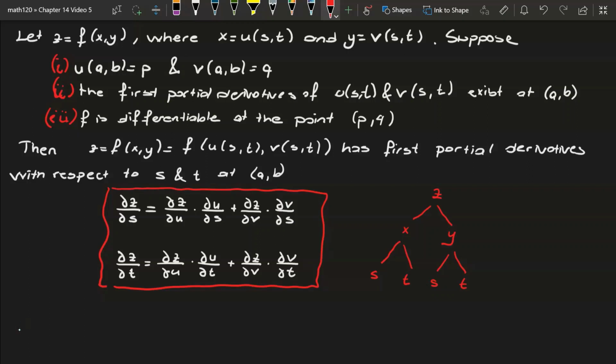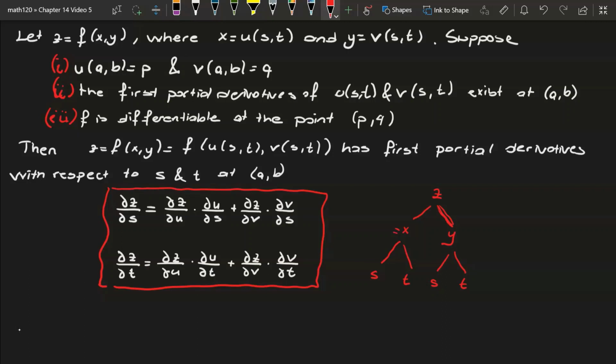You can consider the partial derivative of z with respect to s and with respect to t if the following conditions 1, 2, 3 are satisfied, and the partial derivative of z with respect to s can be computed by taking the partial derivative of z with respect to x times the partial derivative of x with respect to s plus the partial derivative of z with respect to y times the partial derivative of y with respect to s.